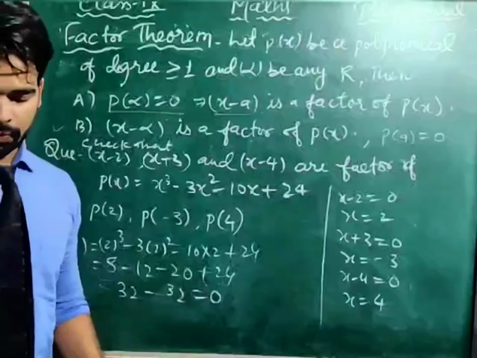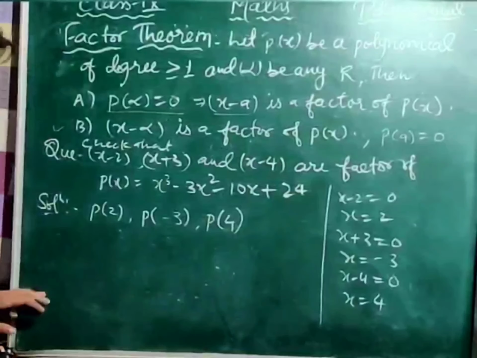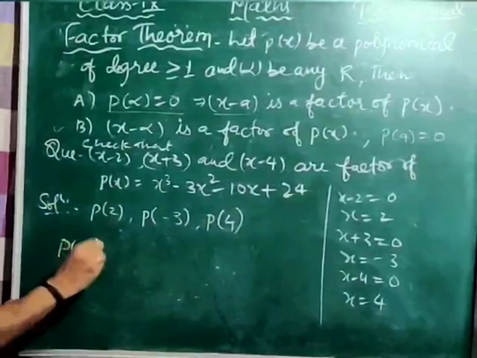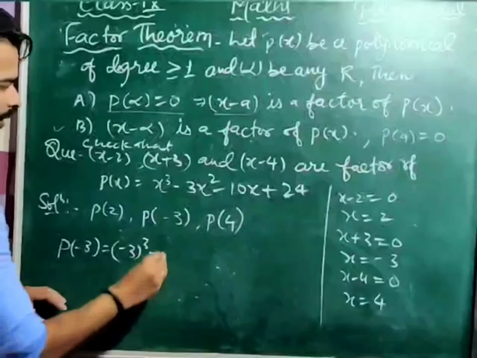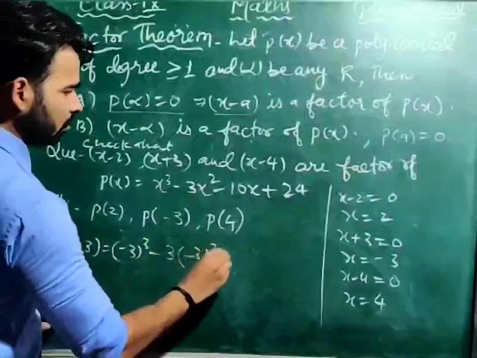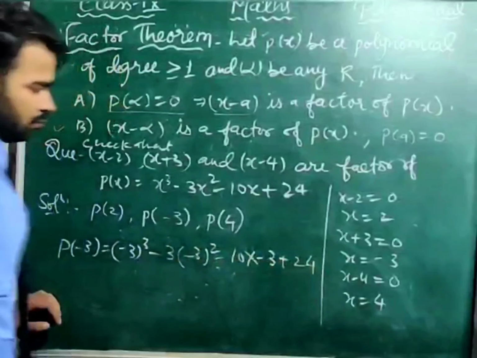I think you understood. Again we will check p(-3). So (-3) cube minus 3 into (-3) square minus 10 into (-3) plus 24.